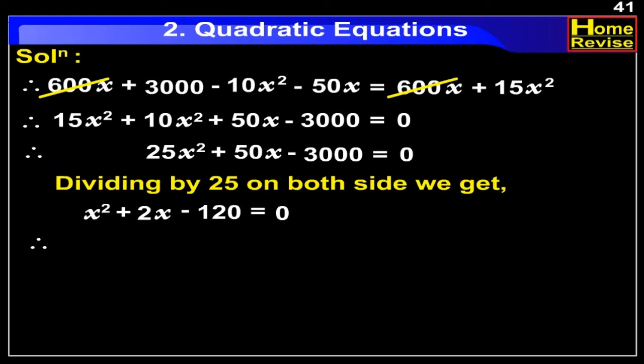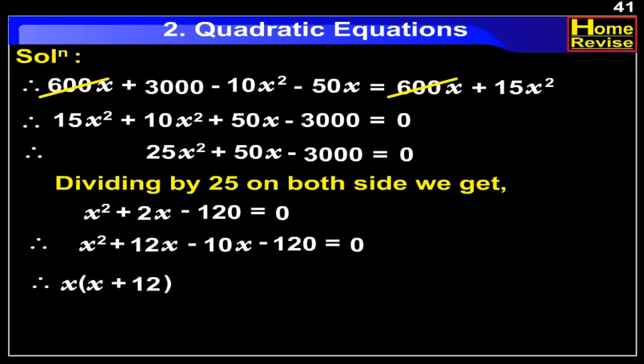Factorizing by splitting the middle term, we get x square plus 12x minus 10x minus 120 is equal to 0. Taking out x common from the first two terms, we have x into (x plus 12), and taking out minus 10 common from the next two terms, we have minus 10 into (x plus 12) is equal to 0.